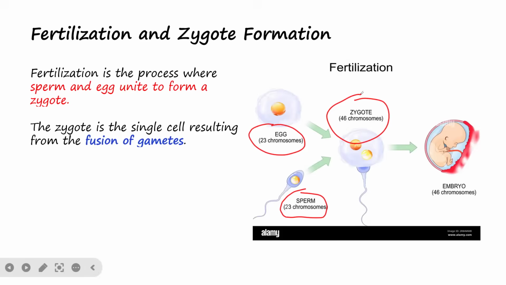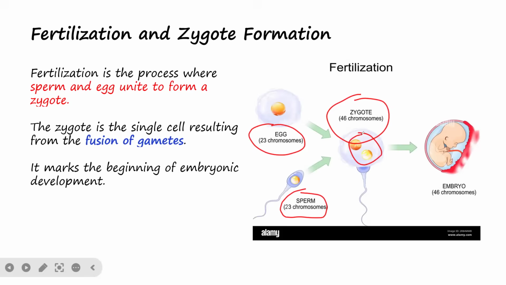When the nuclei of these two cells come together, as you can see from here, a single-cell zygote forms, and from the zygote to the embryo. The zygote itself is a single cell, and it marks the beginning of embryonic development. So once you have a zygote, the embryonic development starts.